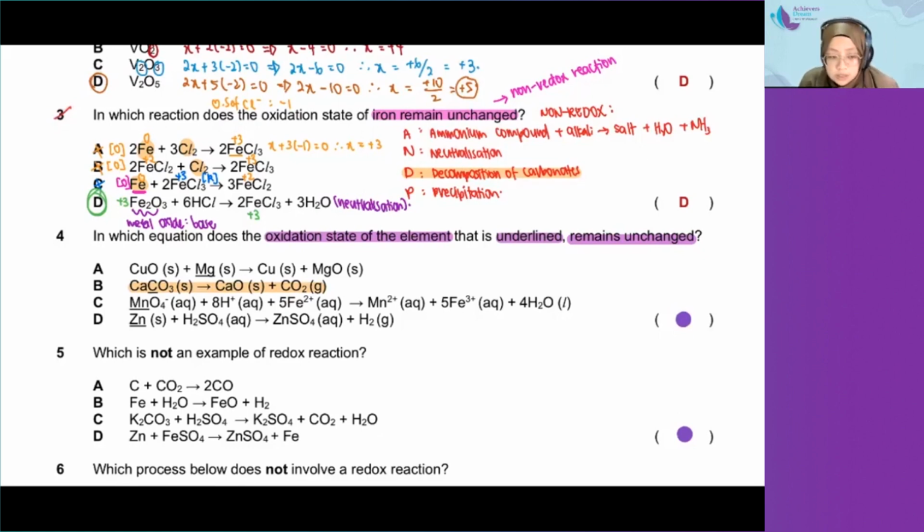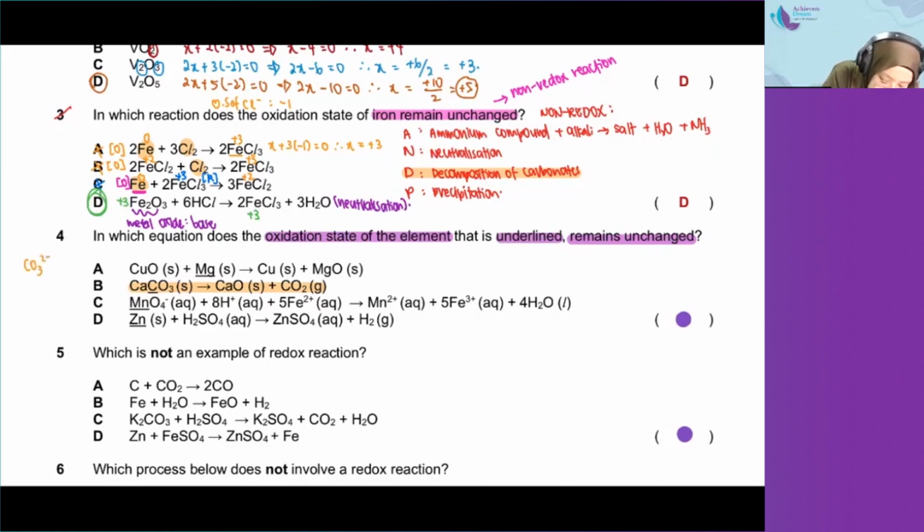In calcium carbonate, since the element is already underlined, we can just focus on this element. What is the oxidation state of carbon? It is a carbonate ion, so I will write the formula of the carbonate ion here.